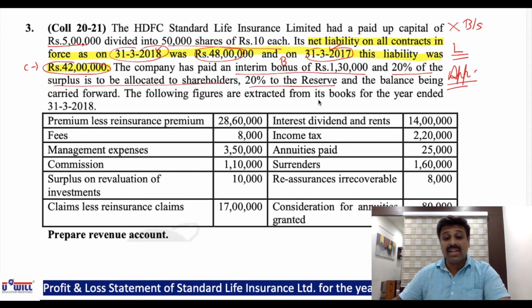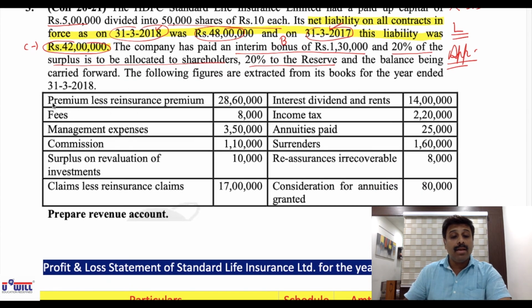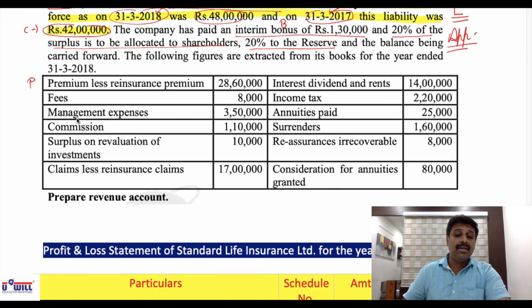The following figures are extracted from its books for the year ended 31/3/18. Premium less reinsurance premium, marked as P. Fees. Now which fees is this? It is generally a transfer fee which is collected by the insurance company if you transfer the vehicle from one name to another name.